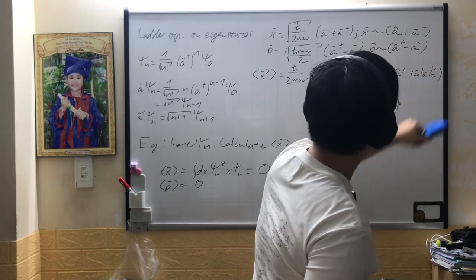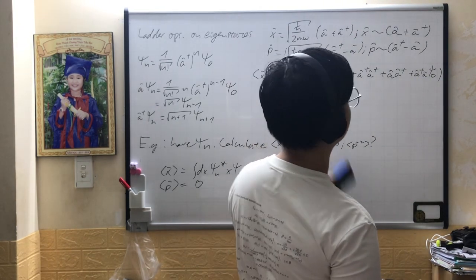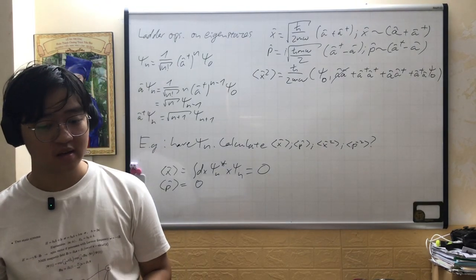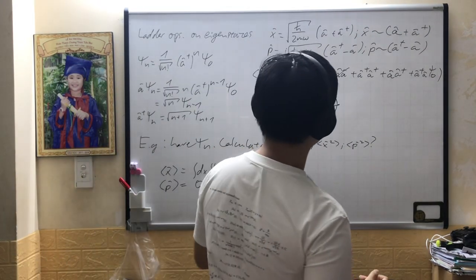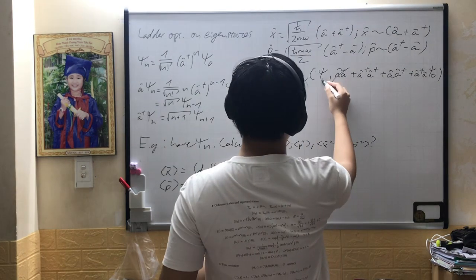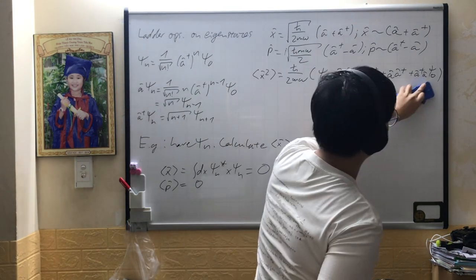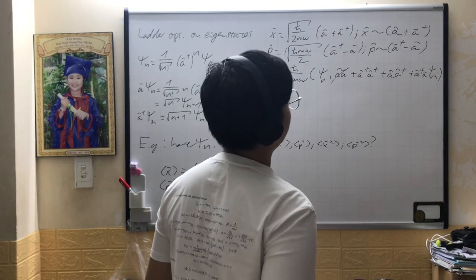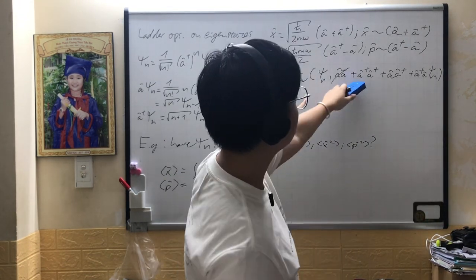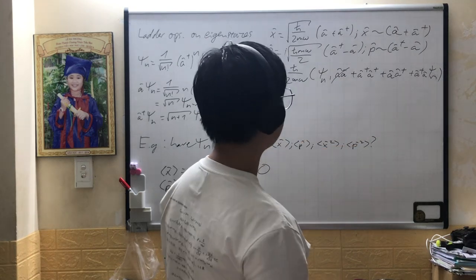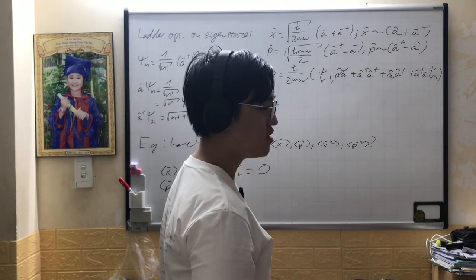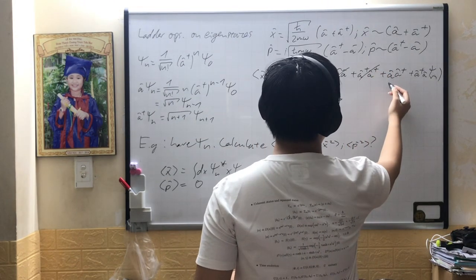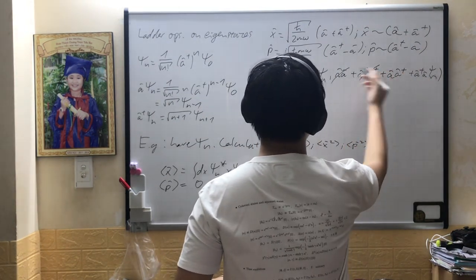This would give you n plus 2, meaning it is different from here, and by orthonormality, this also doesn't work since the delta is equal to 0. So we only have these two terms to be looking at.